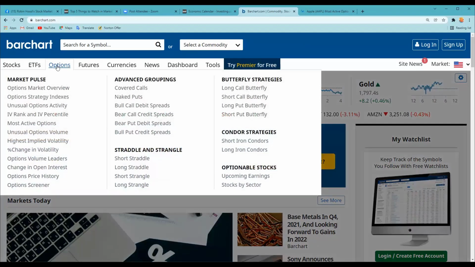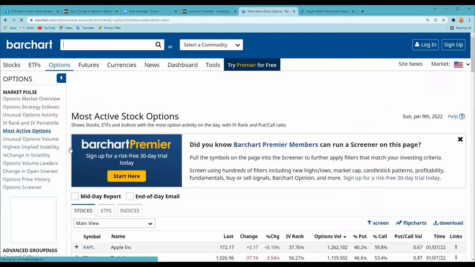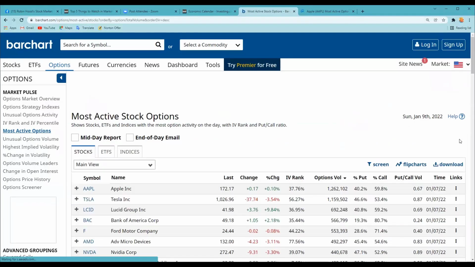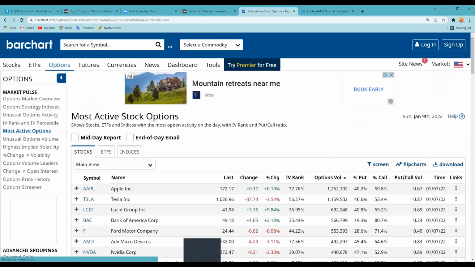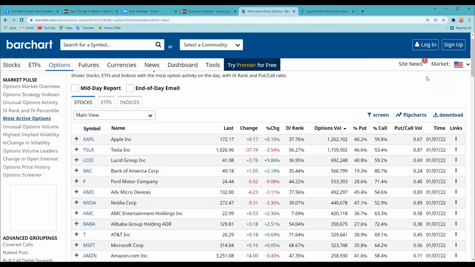If you click on the options menu, the first thing you want to pull up is most active options, because whether you're into it or not, this is still highly valuable information. Remember the rule that we talked about: follow the money. That's an old saying that pro traders have been saying for a long time.